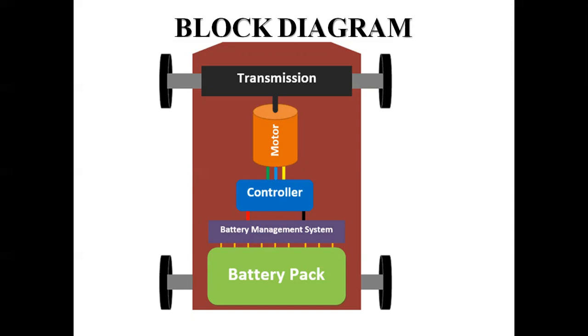So the accelerator will be directly controlled by the controller. When you press the accelerator hard, it will supply more EMF to the motor, and the motor will thereby run at a greater speed, and that greater speed will be given to the transmission system for it to run. So the controller is directly attached to the controls or operations as given by the driver of the vehicle.